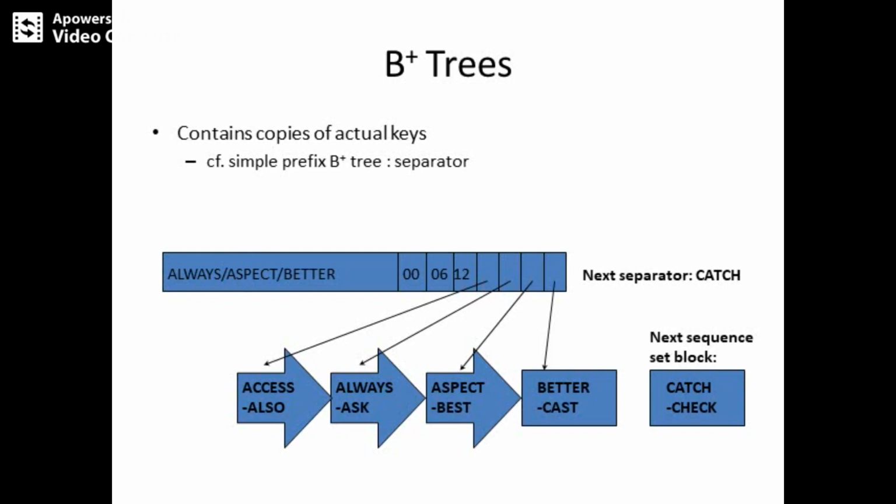This is the same for both the simple prefix B plus tree as well as the B plus tree, but the only difference is, instead of the small prefix, we are going to consider the complete key as the separator in the B plus tree. So I hope all the things are clear for you.